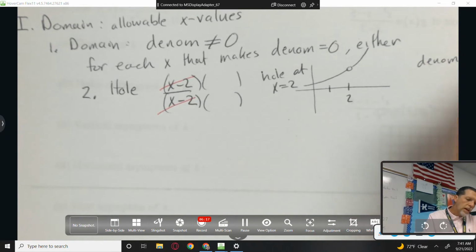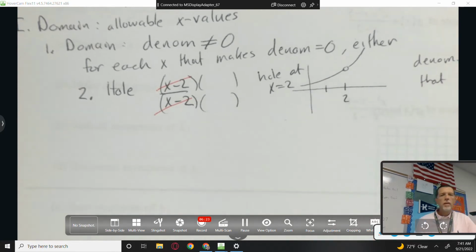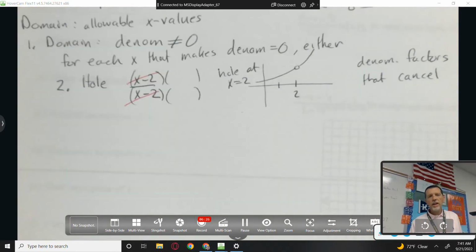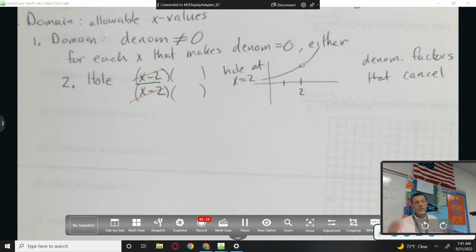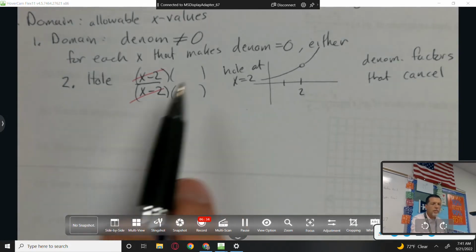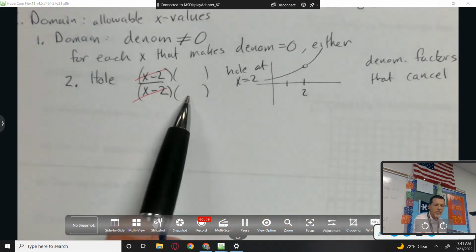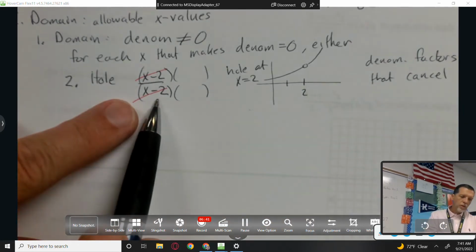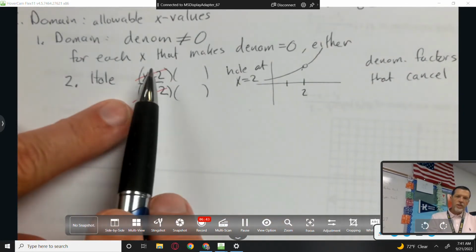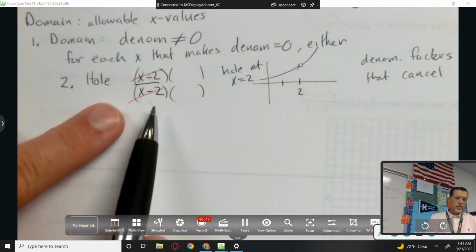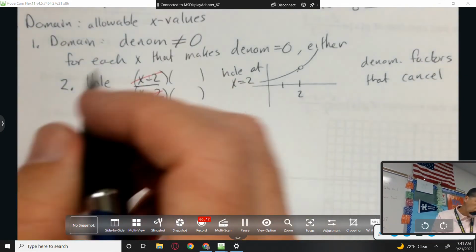And again, that comes from denominator factors that cancel. So if it's a factor at the bottom, that means it's a domain problem. One possibility is that it's a domain problem because there's a hole there. Like there's not an x value there. There's not a graph at x equals 2 because 2 is in the bottom. It happens to be a hole because x minus 2 is also in the top. So holes is one option.